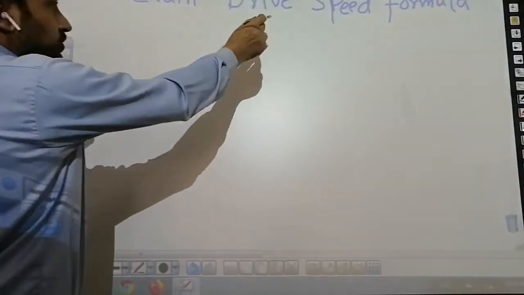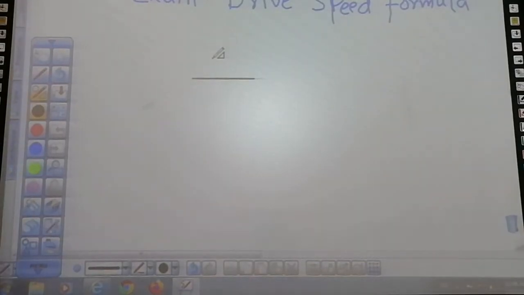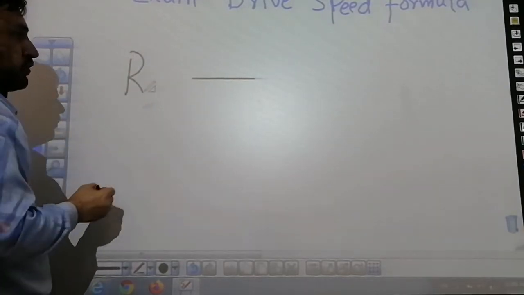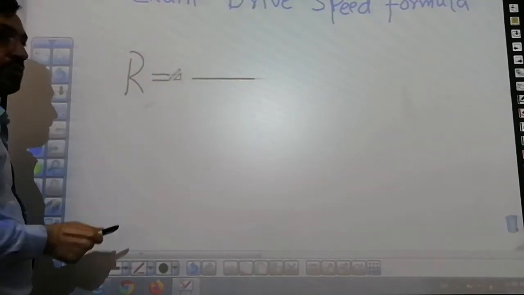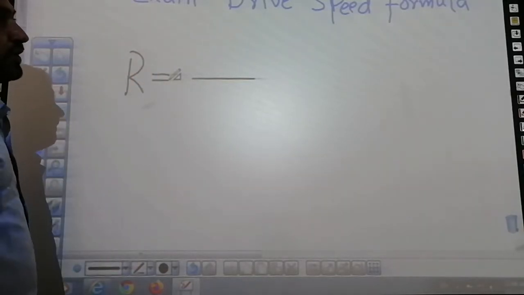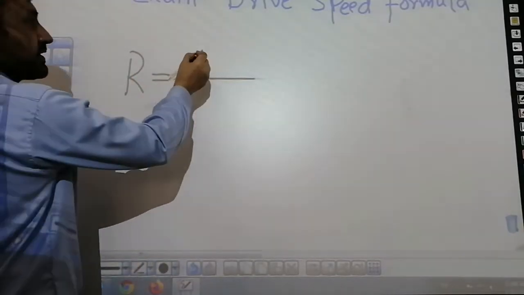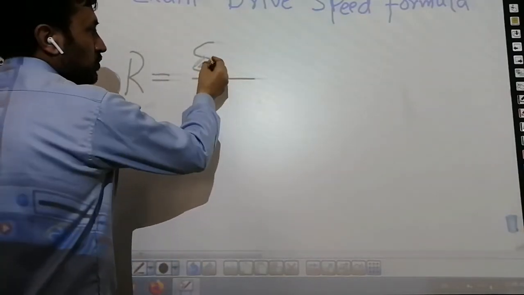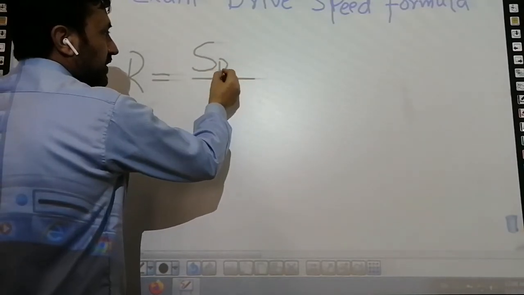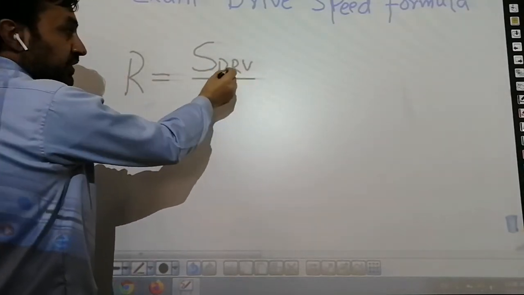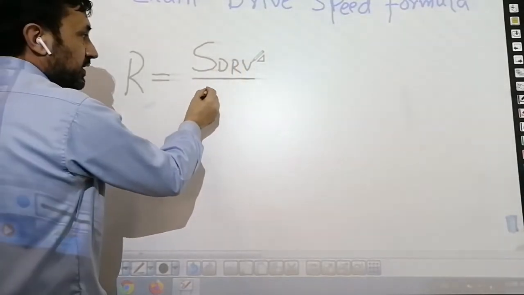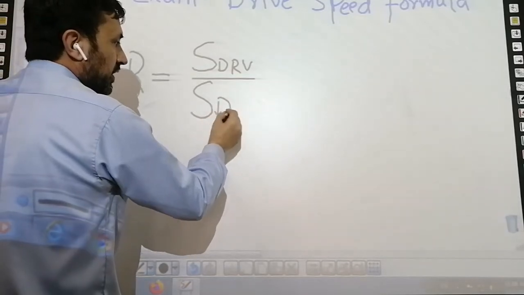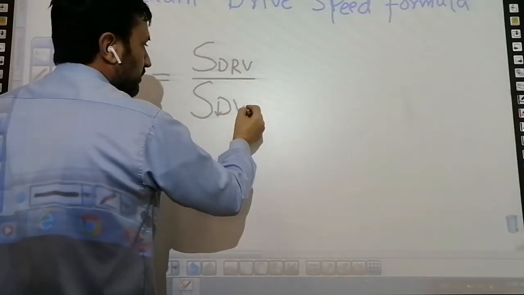Now let's talk about the chain drive speed formula. So R, the ratio of the speed between the driven and driver sprocket, the formula is, S is used for the speed. So S drv, speed of the driver sprocket, divided by the speed of the driven sprocket, S dvn.